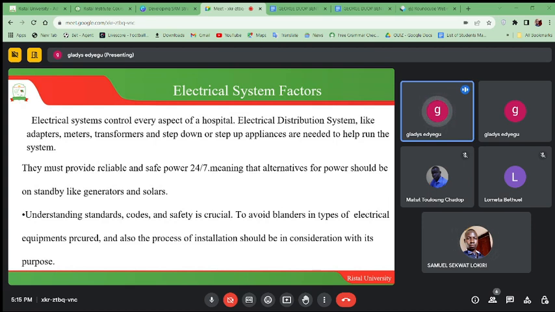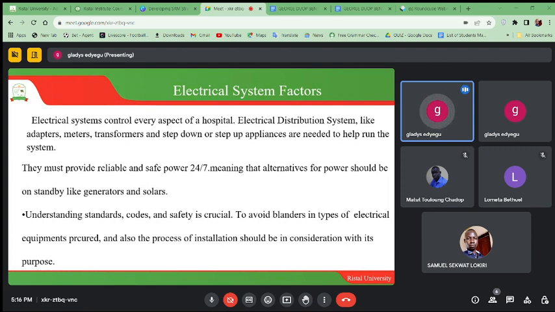So we need to understand also the codes and the safety of using these electrical systems, so that you can avoid some of the blunders that can happen due to breakage or misuse of these electrical equipment.